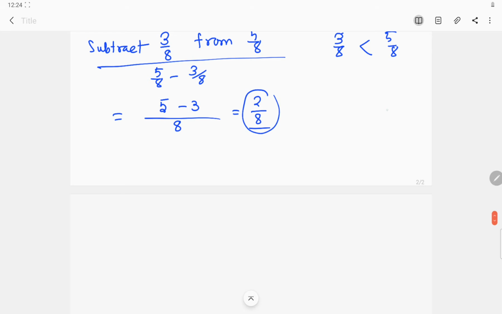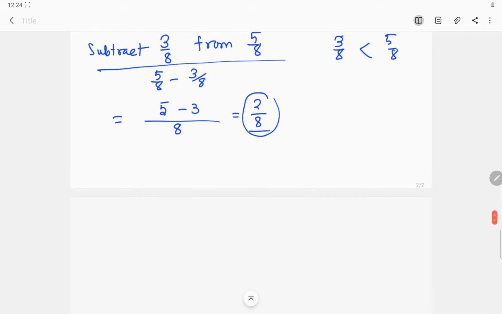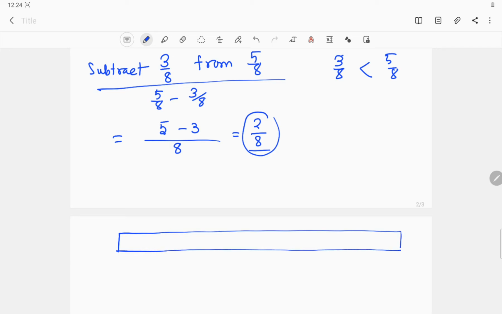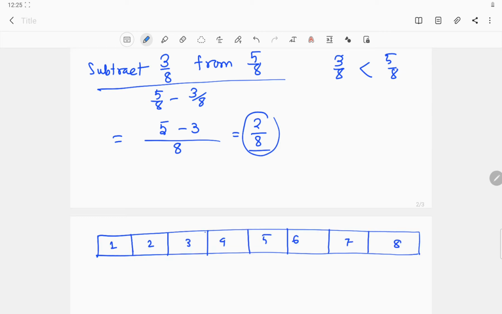Now what does it mean if I explain it graphically? It is given 3 by 8 and 5 by 8. So you have to choose a whole strip. I have taken a strip and divided it into 8 equal parts.